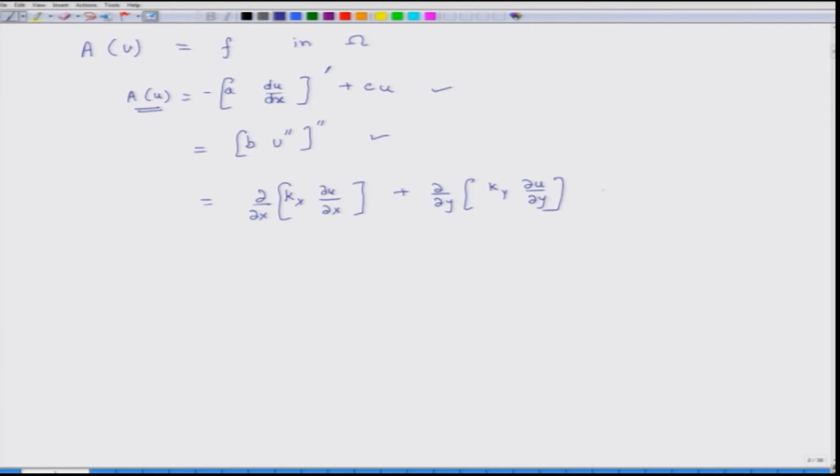So, in this case this is an operator which is working in 2 dimensions. Another operator example could be u times du over dx. So, these first 4 operators are linear in u, but this is a non-linear operator.